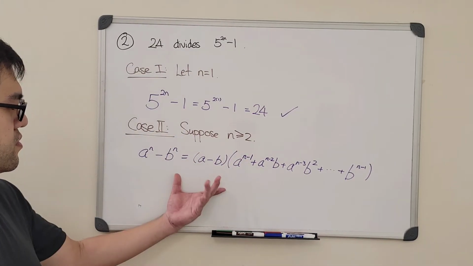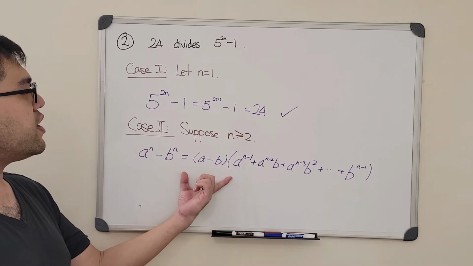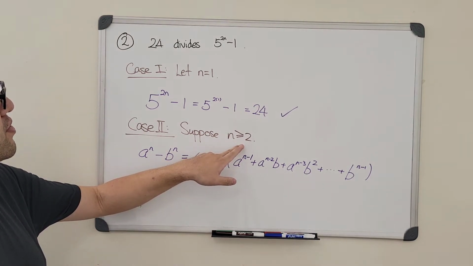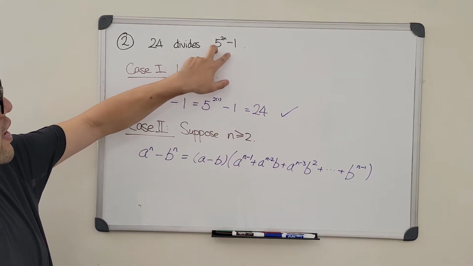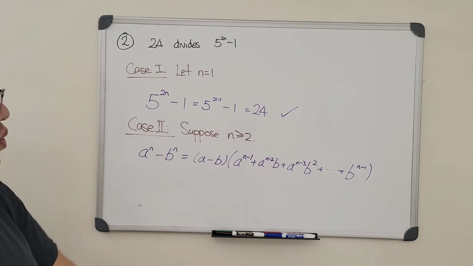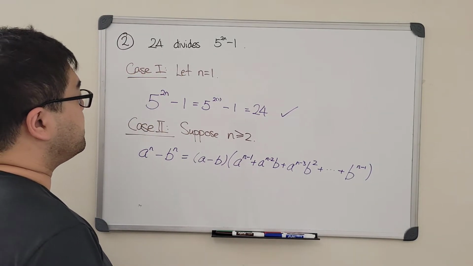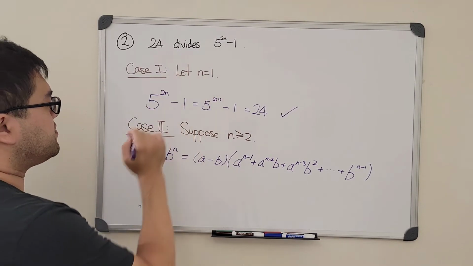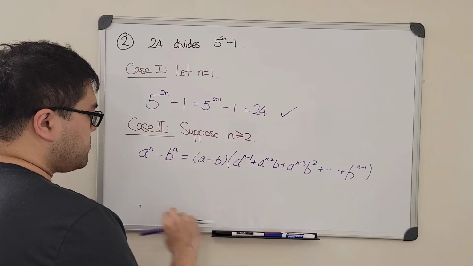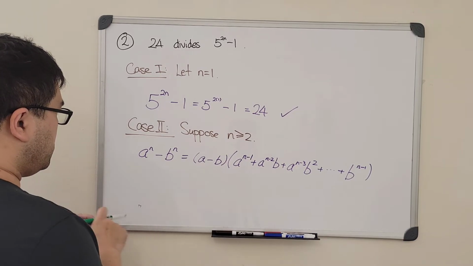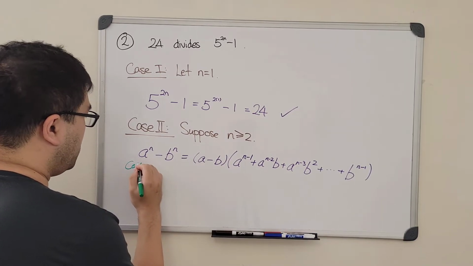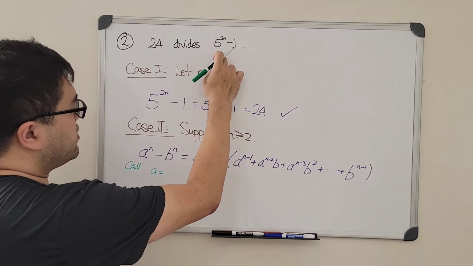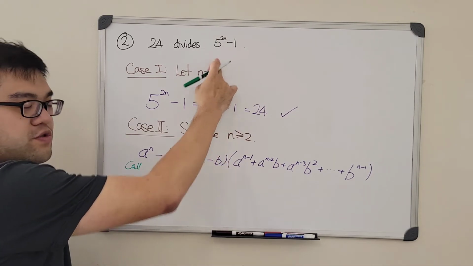Good. So using this tool right here, we'll be able to show that if n is greater than or equal to 2, the expression is divisible by 24. Why? This is what we are going to do. So here we're going to substitute. We're going to call a some part of this expression, 5 to the 2n power.